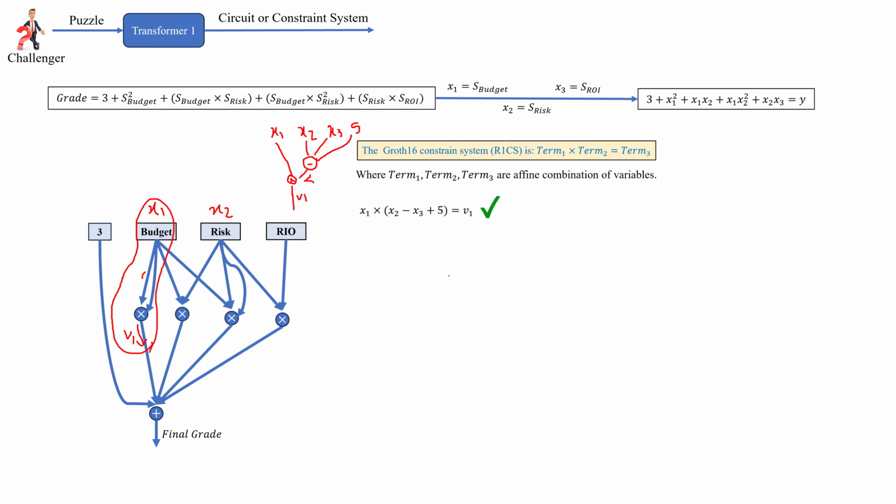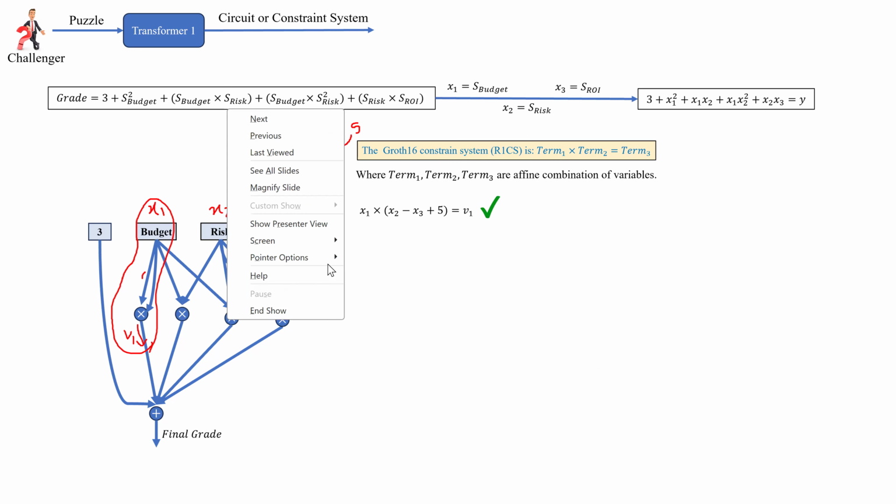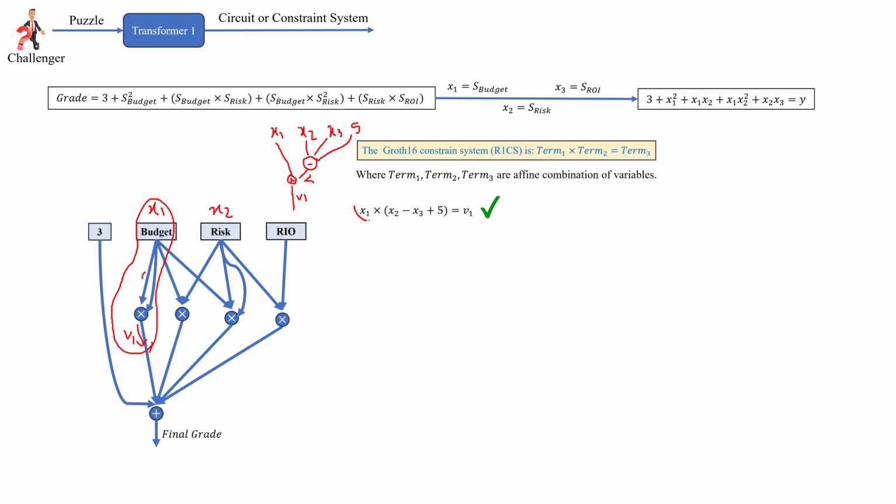But x1 multiplied by x2 is not an affine combination. So since the first term is an affine combination, and the second term also, and the third one also, this is a valid constraint in R1CS. So this would be valid to be used by Groth16.